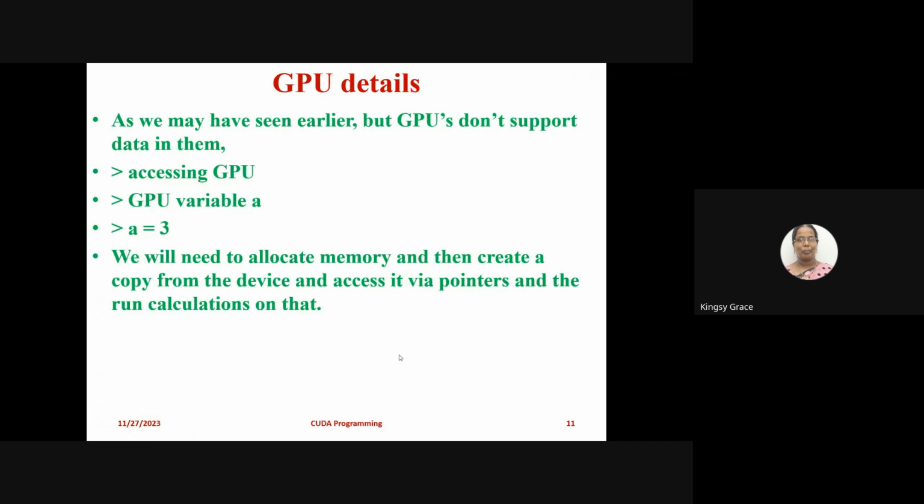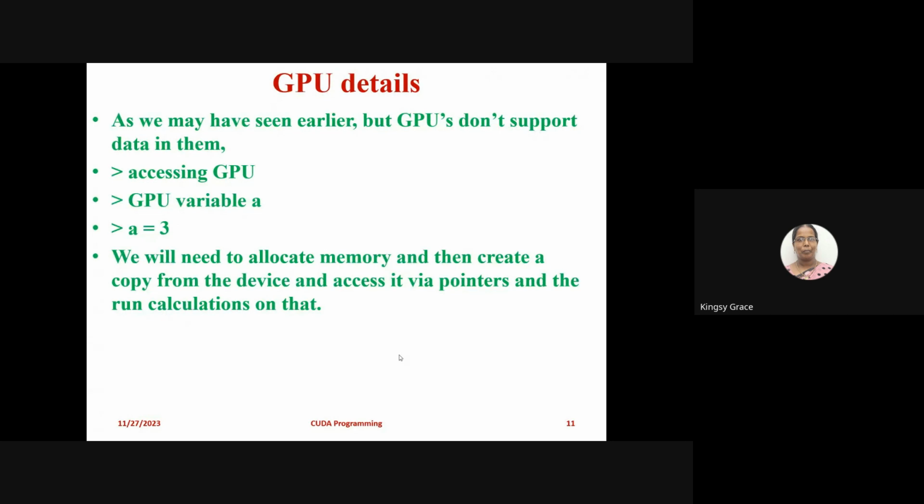Already we know that if you use any variable in your program, that variable won't be accessible in the GPU. Just as when writing a C program, you have to allocate memory for that variable in the GPU. After that, you have to transfer all the values from CPU to GPU.